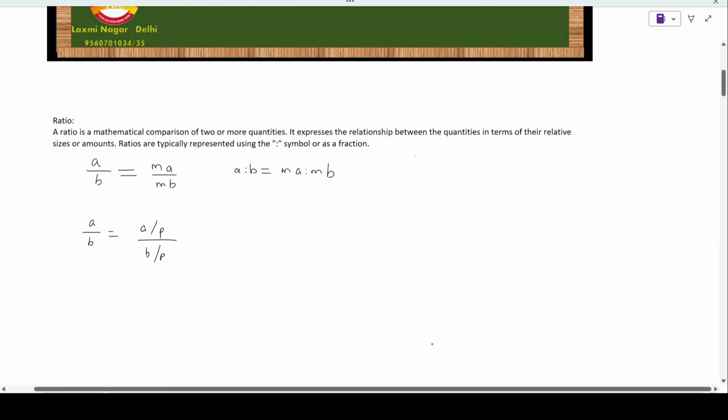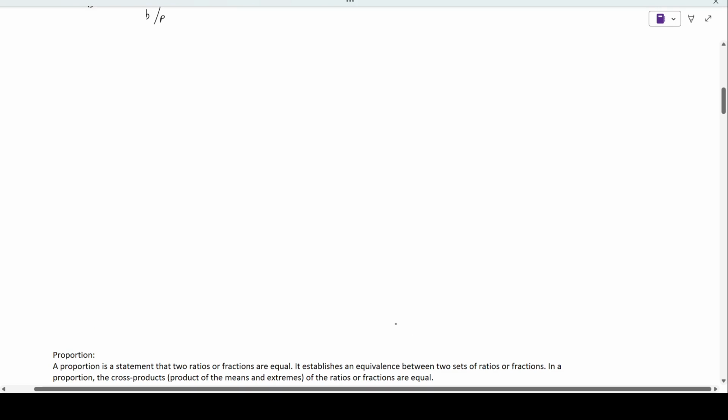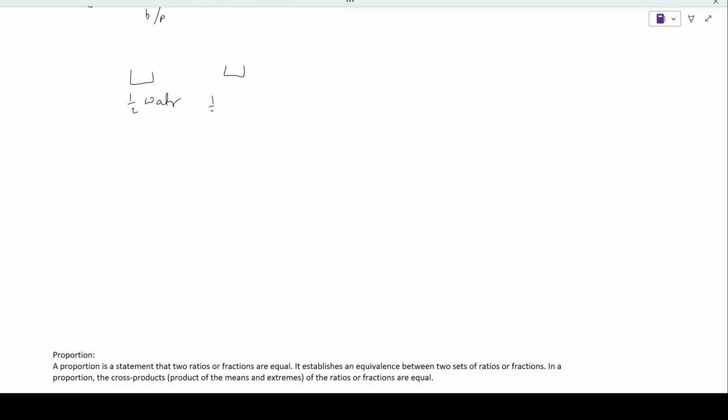So what this means is, suppose you are making tea, so you take half cup of water, half cup of milk, one tablespoon of tea, and one tablespoon of sugar.